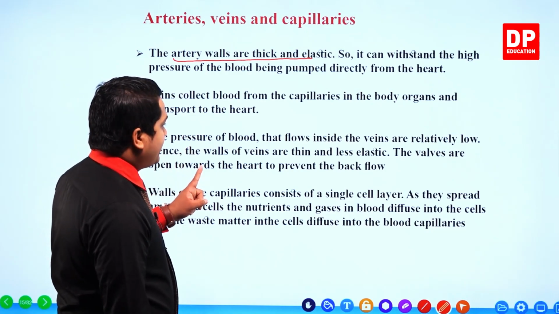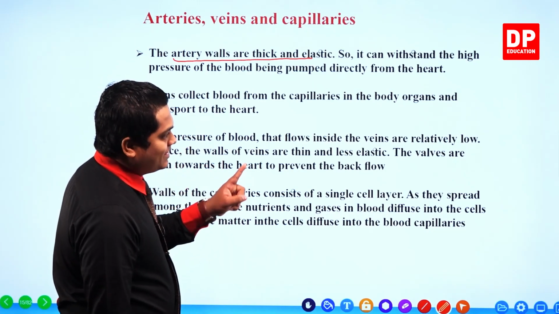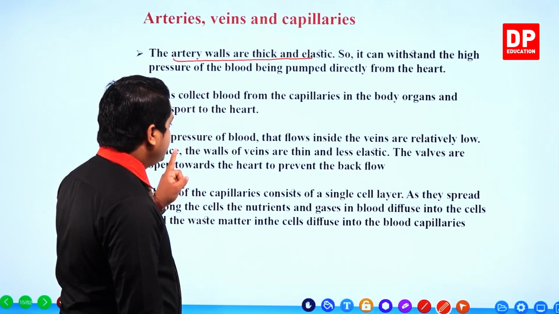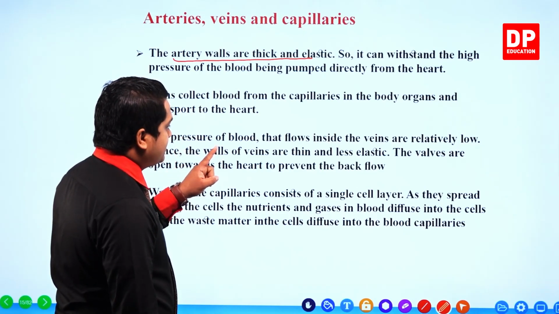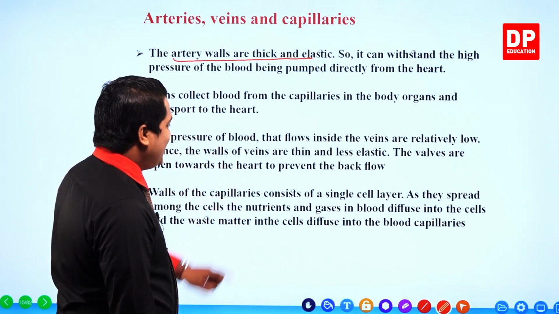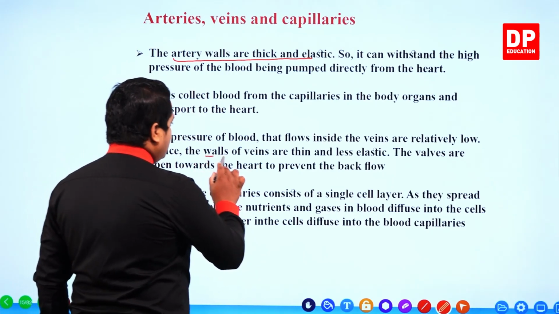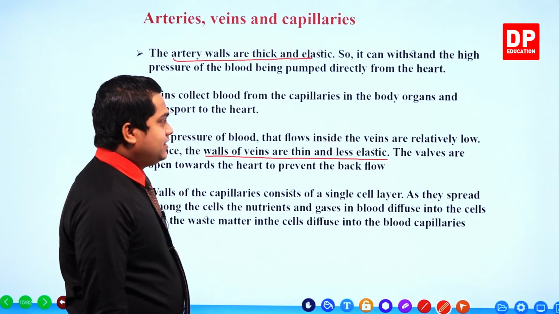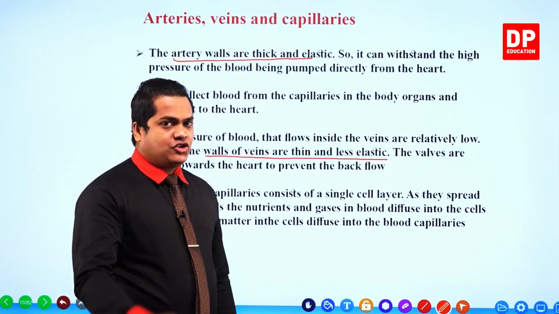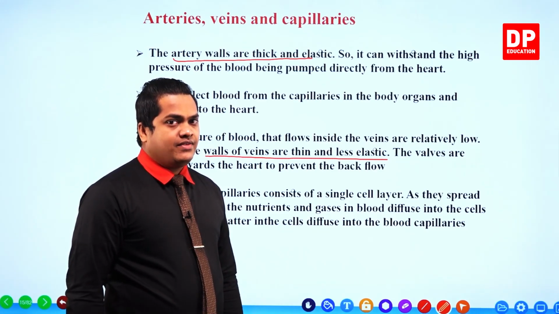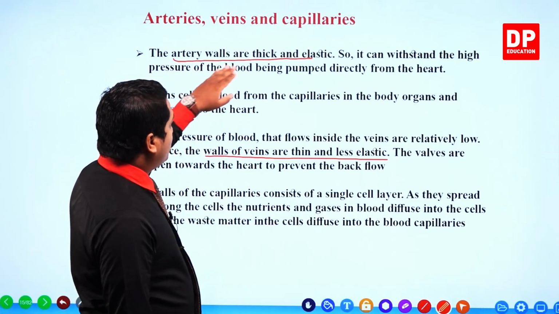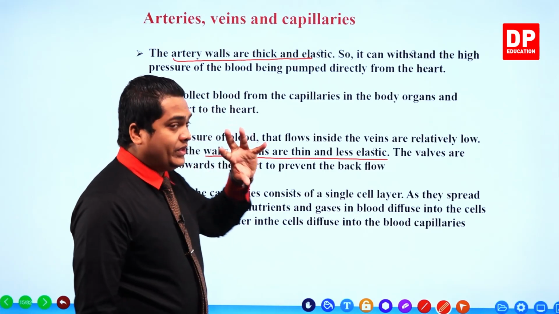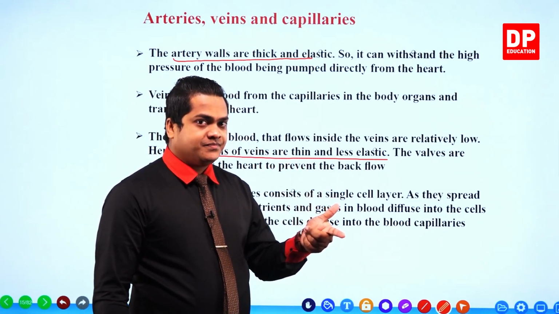So the pressure of blood that flows inside the veins is relatively low. Hence, the walls of veins are thin and less elastic. A structural feature that can be identified within the arteries and veins: my dear children, artery walls are thick and elastic to withstand the high pressure.